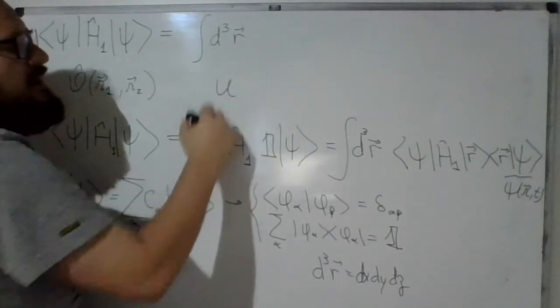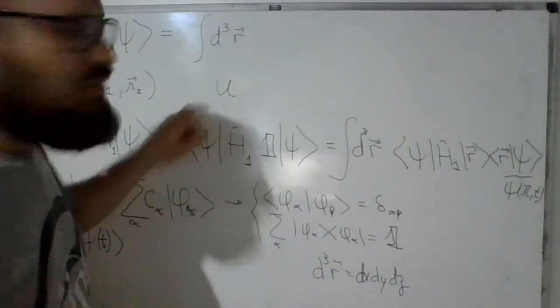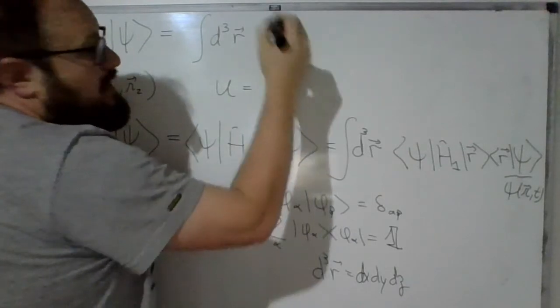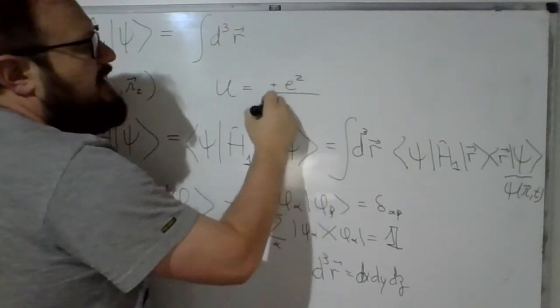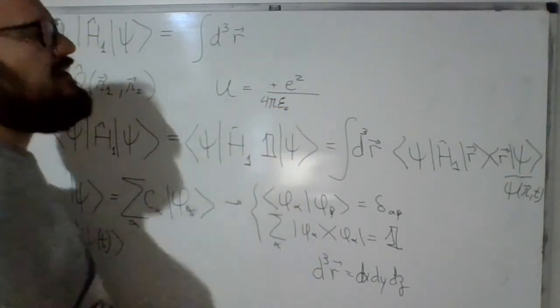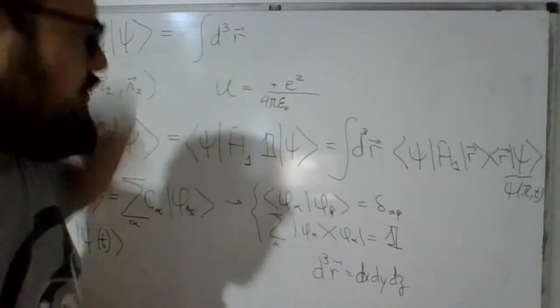So suppose the electrostatic energy between two electrons would be given by the following: plus e squared, the electric charge squared, divided by 4 pi epsilon. The epsilon is the electric permittivity of vacuum, all right?